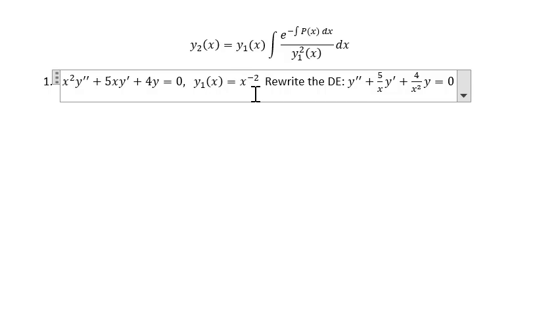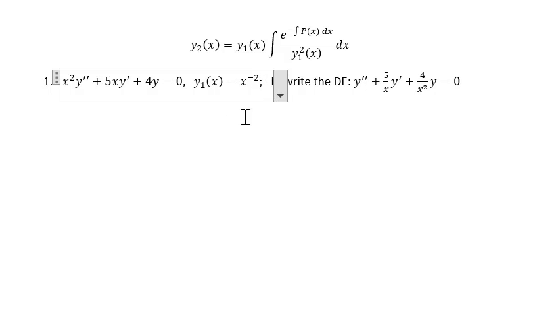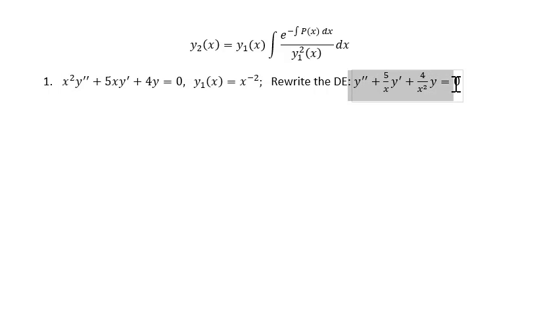And then we're going to assume that we have a solution that's x to the negative 2 power. For this to work, we want to rewrite our differential equation so that it's y double prime plus p of x times y prime plus q of x times y is equal to 0.